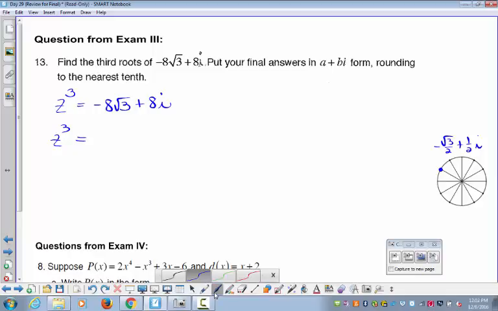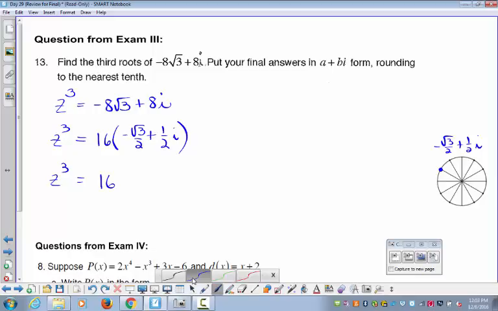And is there a scalar that I can multiply that number by to get this? 16. If we take 16 and multiply it by negative root 3 over 2 plus 1/2 i, boom, we get that. This allows us to say that the right-hand side is 16.